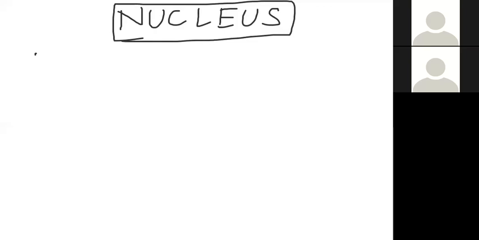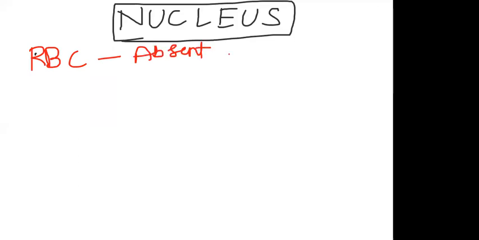One after another we'll go. First of all, let me go with RBC. There is no nucleus in RBC. Nucleus is absent. In case of mammal RBC, we are talking about human beings, and a human is a mammal, so there is no nucleus. Now, let's move to the WBC, granulocytes and agranulocytes. First of all, let me take basophils.